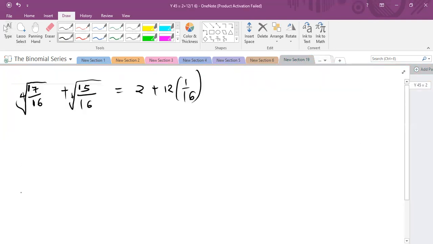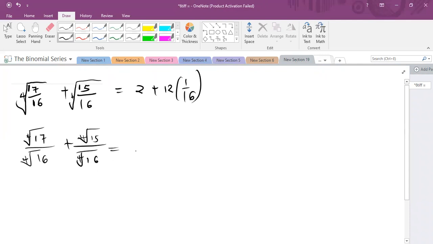Okay, now let's evaluate. Remember, the question is asking for us to show that the 4th root of 17 plus the 4th root of 15 is equal to 3.995. So from this, we can simplify and have the 4th root of 17 over the 4th root of 16 plus the 4th root of 15 over the 4th root of 16 equal to this side over here.